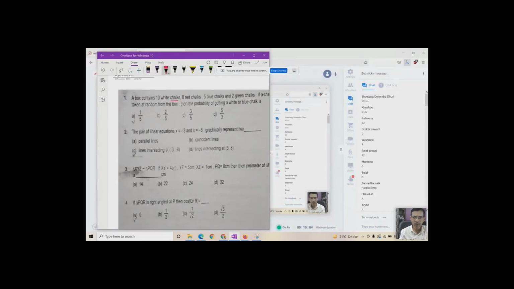Students are saying D, or 32. Yes, D or 32 is the correct answer. Do you want me to solve this or go ahead?